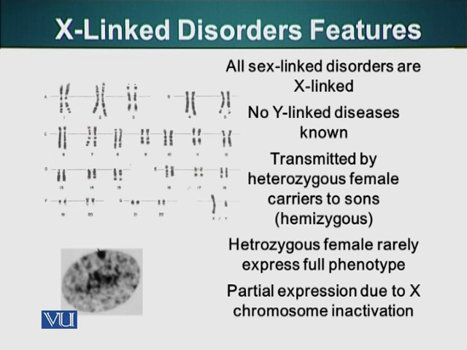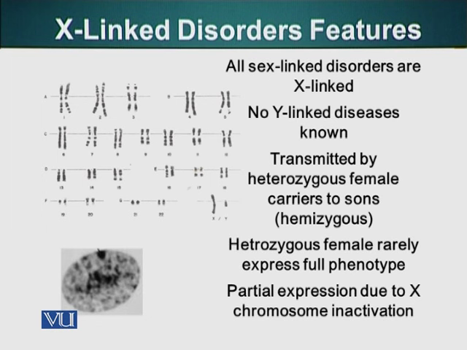This process happens early during embryogenesis, and it is a random process. A female will have two X chromosomes, one paternal, one maternal. Inactivation of the X chromosome is random. In some cells, it will be the paternal X chromosome that gets inactivated. In other cells, it will be the maternal X chromosome.